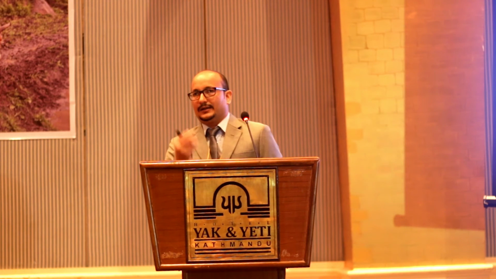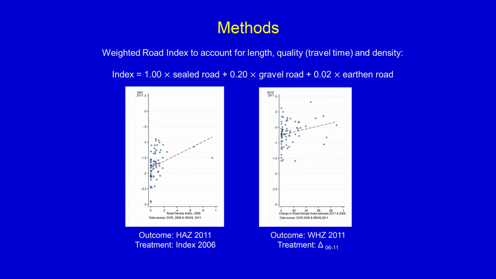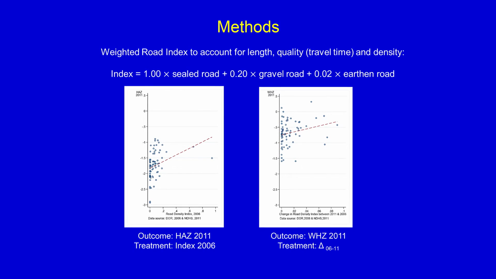It's very tricky to estimate the impact of roads, because some districts have more blacktop roads, and some only have earthen roads. To get a meaningful indicator of roads, we computed a weighted road index that accounts for length and quality of the roads.